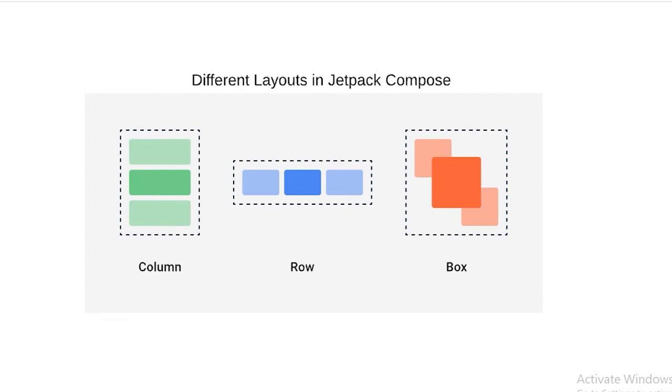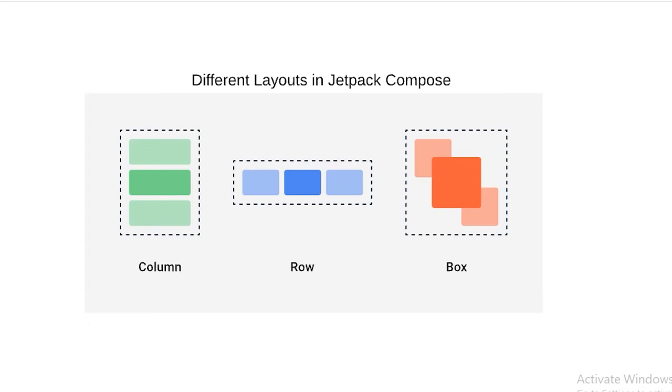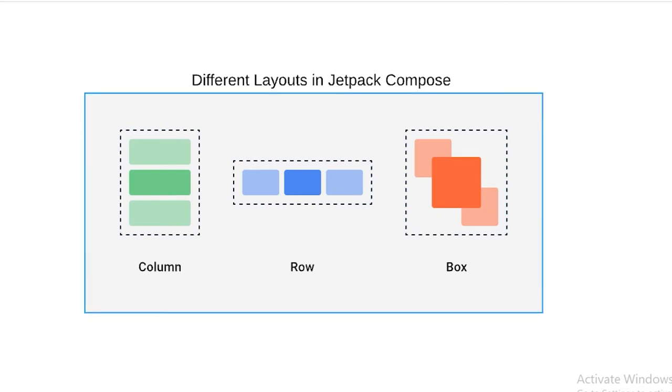Before that we will see the different layouts in Jetpack Compose. So there are majorly 3 different layouts. First one is column. In this column the children are up and below, above and below, like this. And the other one is row layout. In this row layout the children are side by side.